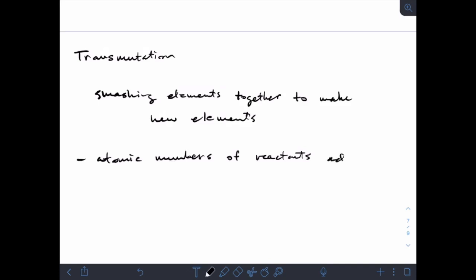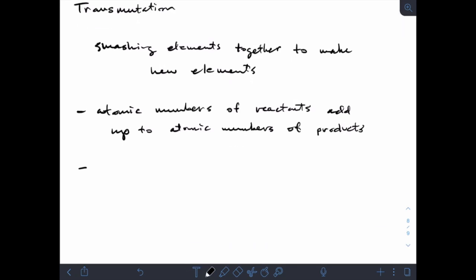Atomic numbers of reactants add up to the atomic numbers of the products. And the same goes for the mass numbers.